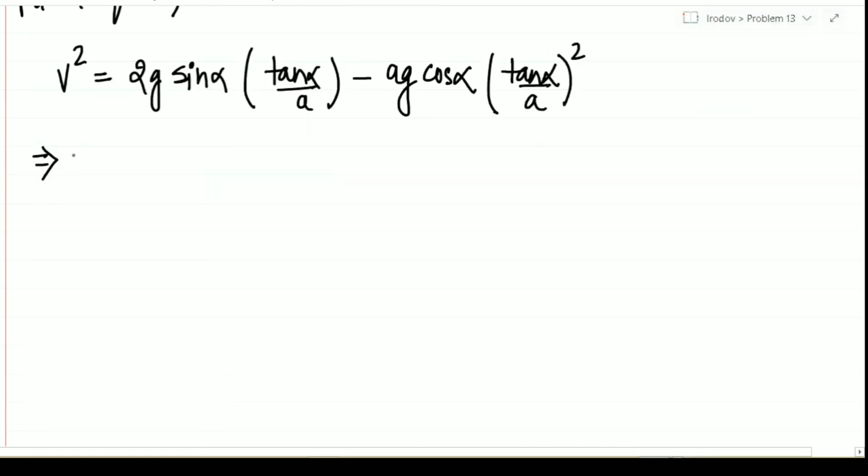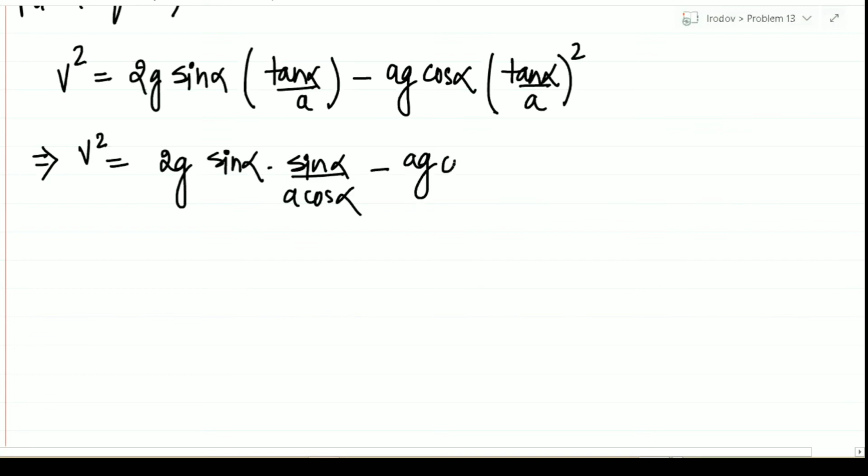This implies that v square is equal to 2g times sine alpha into sine alpha divided by a cos alpha, minus ag cos alpha into sine alpha divided by a cos alpha whole square.